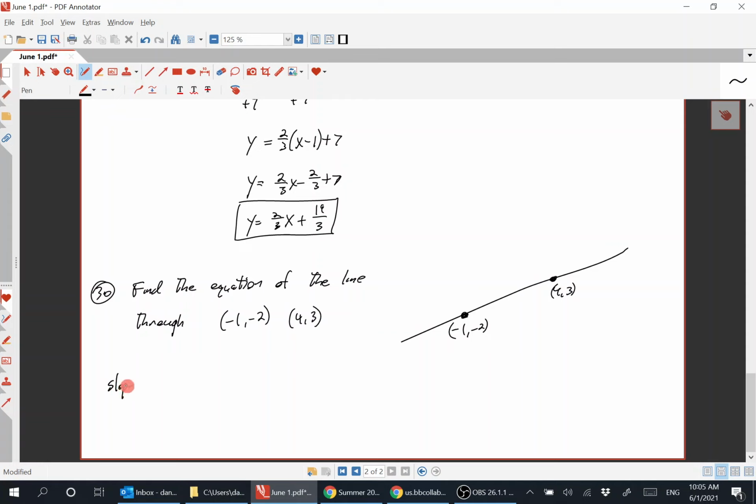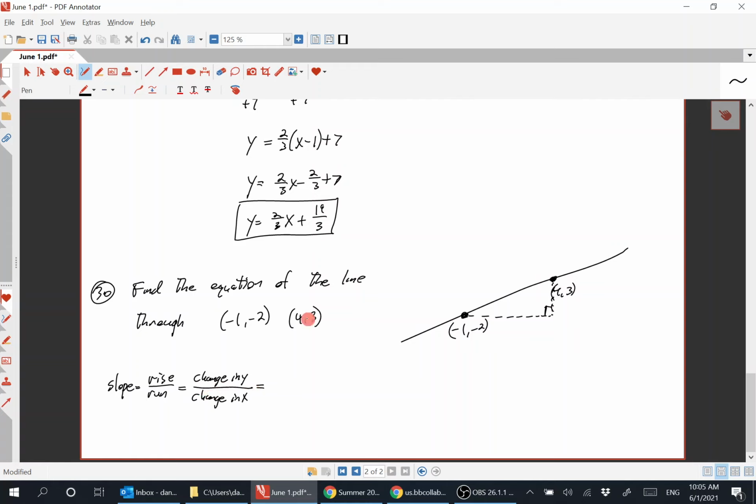The slope is equal to the rise over the run, meaning this is the run, this is the rise, which means the change in y over the change in x.